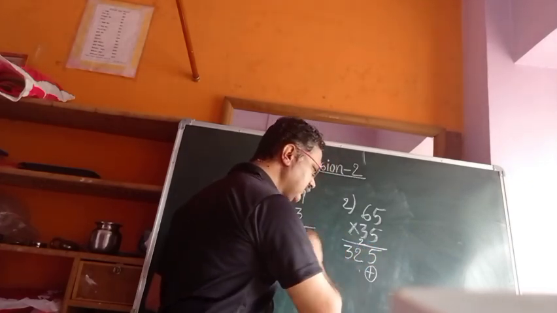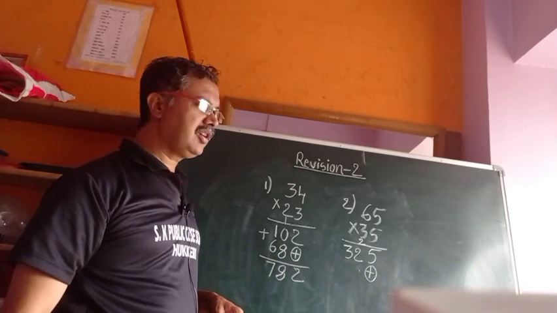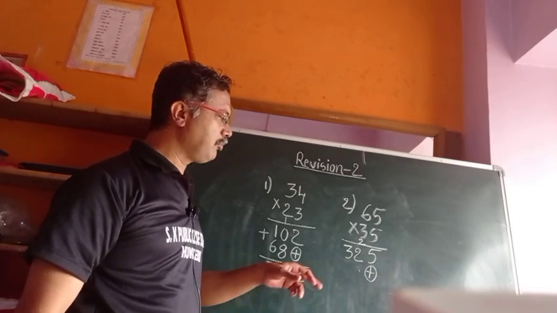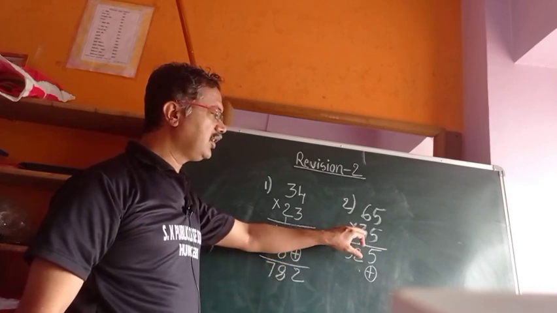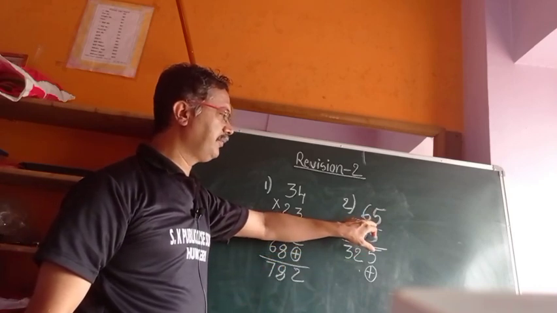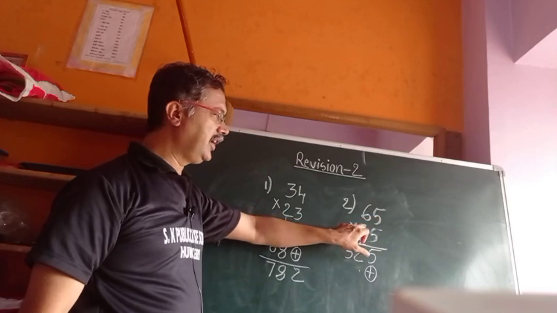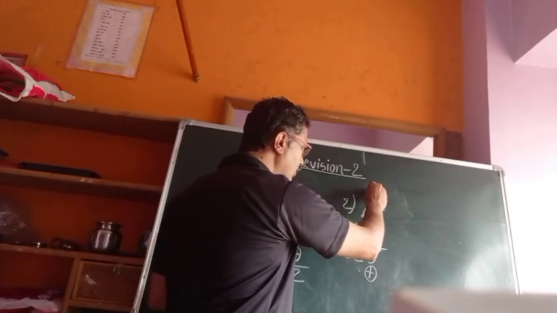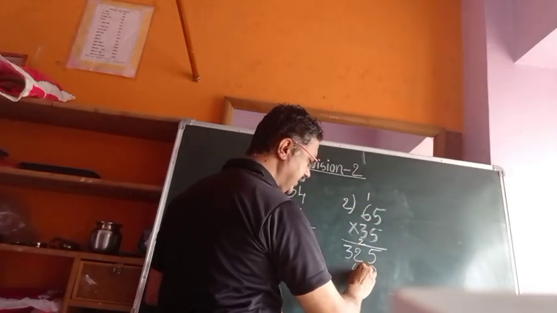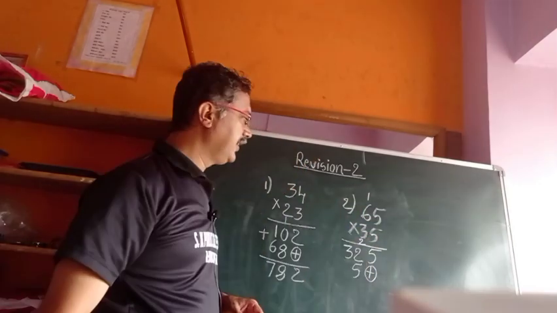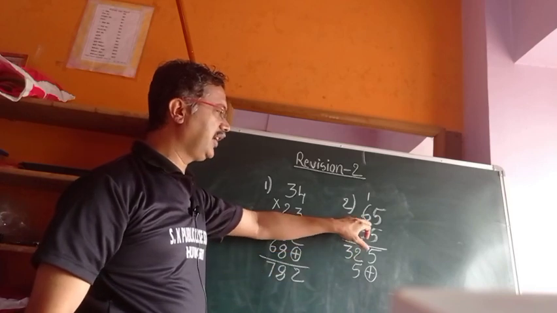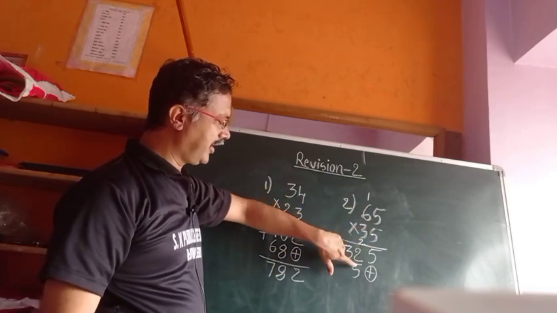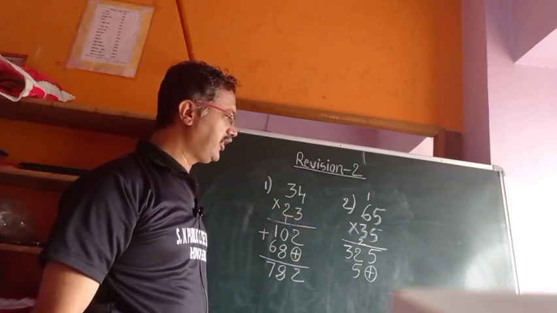Plus sign or 0 we can insert here. Now 3 5s are 15, 1 here and 5 here.